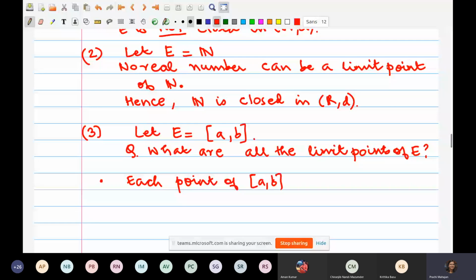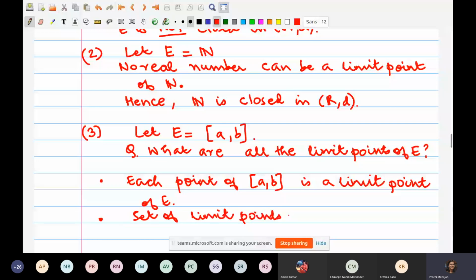This is something that we saw last time. This was done. The next statement is that the set of limit points of E is precisely the interval AB.